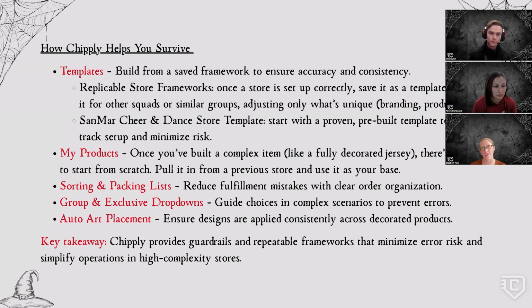It really puts guardrails up there so that they can't make too many mistakes. It helps you make sure that yes, you're getting everything fulfilled accurately, and you can make changes here and there without it being a total nightmare that you have to start from scratch. So key takeaway, we're providing those repeatable frameworks that help minimize error and simplify all those high complexity stores.